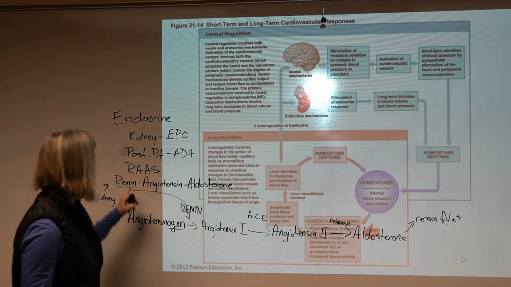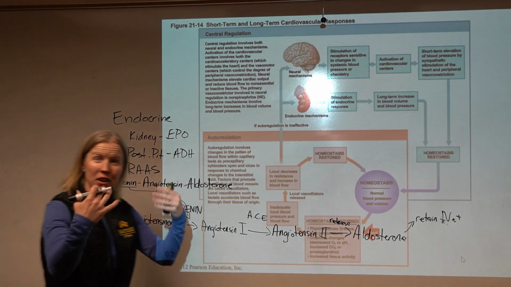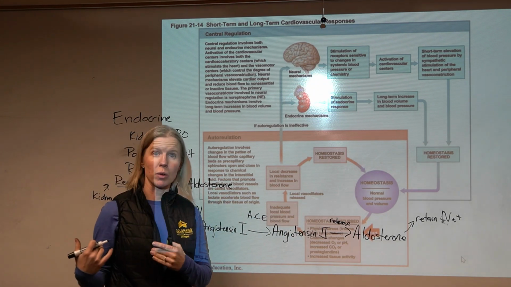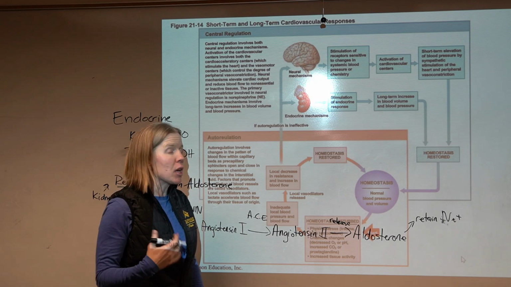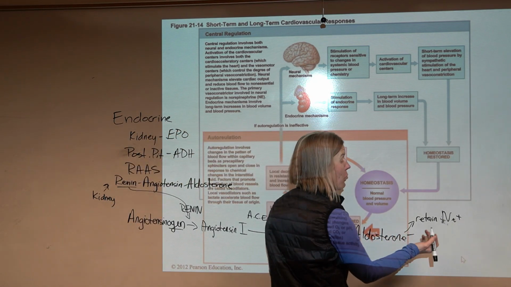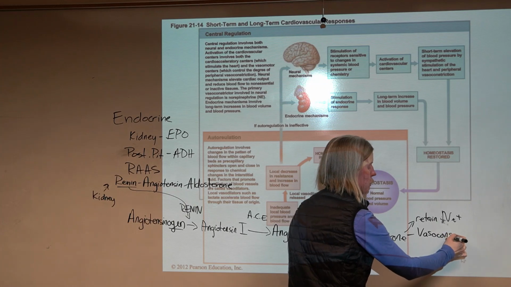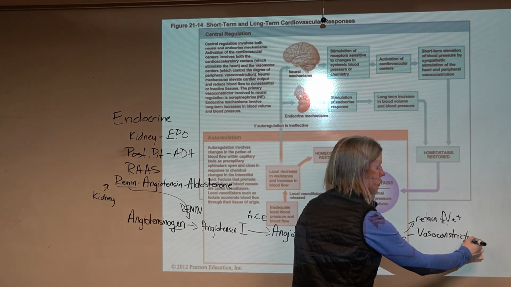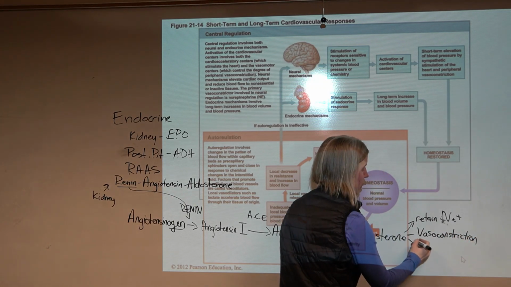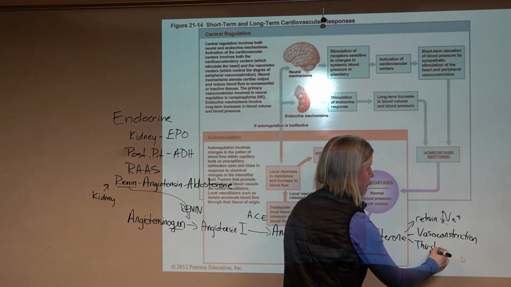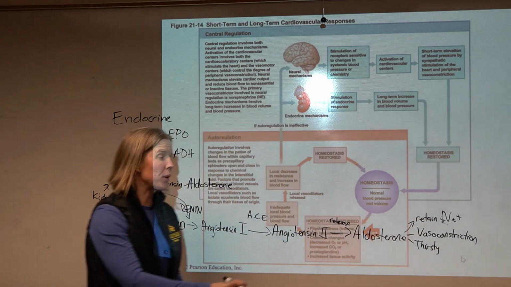Which is going to work alongside our antidiuretic hormone. If we retain sodium, water wants to follow it, so that helps us up blood pressure. Angiotensin 2 is actually a vasoconstrictor, right? It makes us thirsty, all sorts of things going on there.